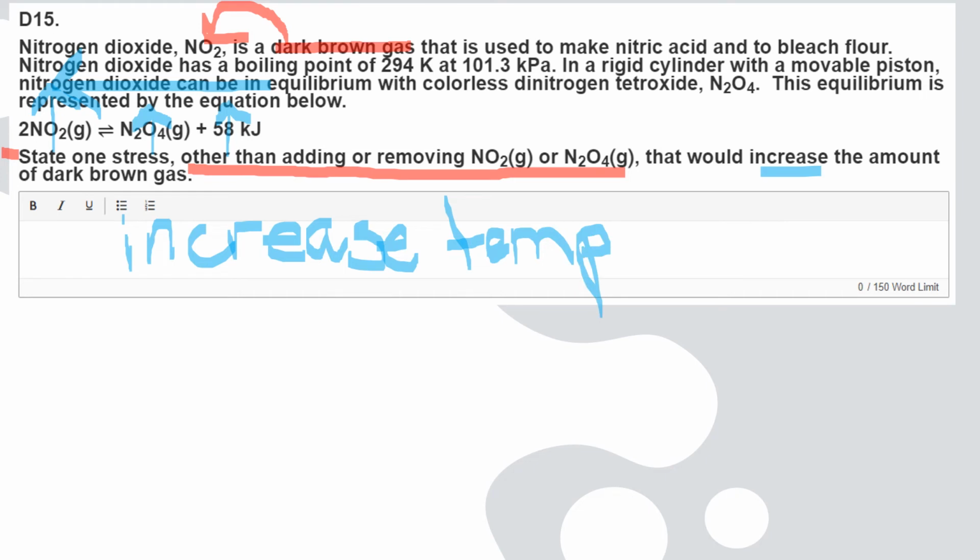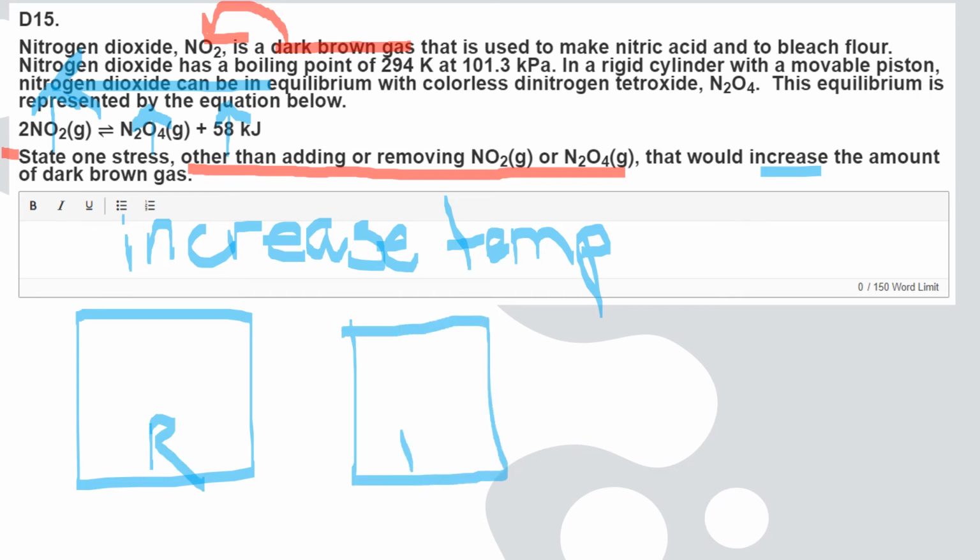What else? Well, I have gases, so let's make a box for reactants and a box for products. How many reactant molecules do I have? 2. How many product gas molecules do I have? 1. So if I wanted it to shift this way, over here, would I want to give it more space or less space?